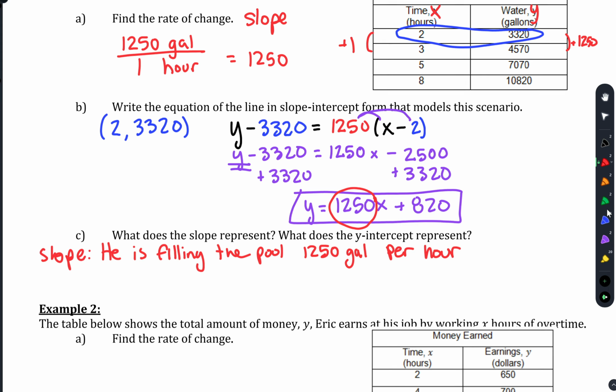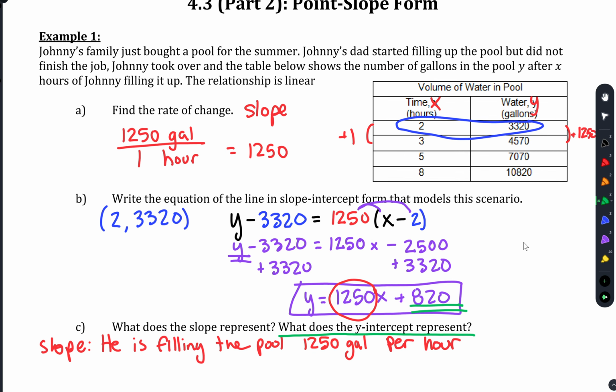Part 2 says, what does the y-intercept represent? What's my y-intercept? James? 820 represents the number of gallons that were already in the pool. Remember, Johnny's dad started filling it up before he did, and then he stopped.